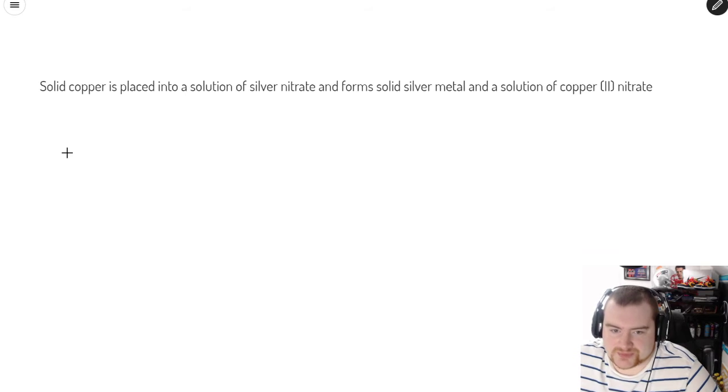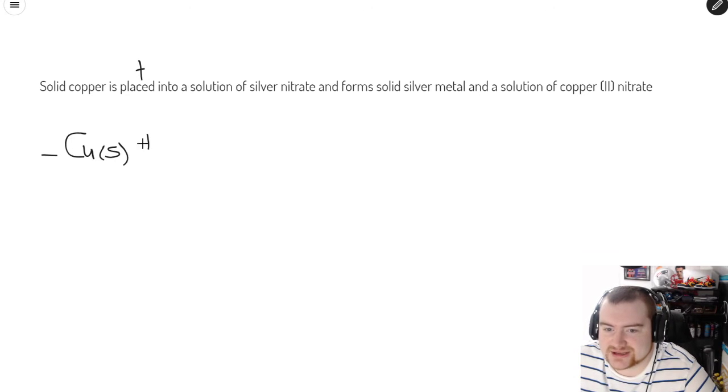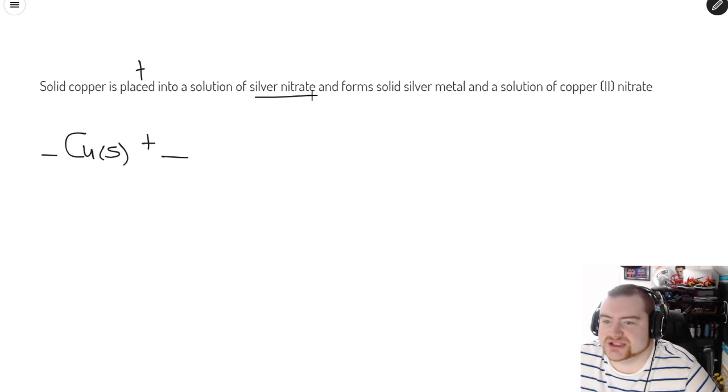Solid copper, so we know that that's just going to be Cu and solid, is placed into a solution of silver nitrate. So we're putting something into a solution, so we're placing it. That's going to mean we're going to be adding it in to a solution of silver nitrate. Because silver nitrate is a compound, we need to figure out its formula.